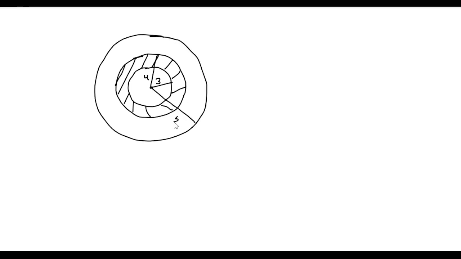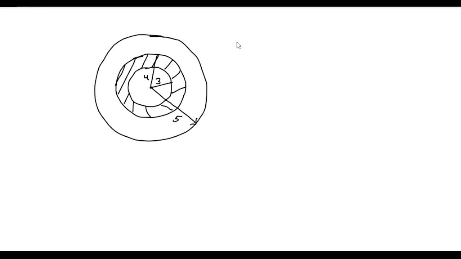And this part I shade. Okay, and then again I have a circle, and the radius here is 5.